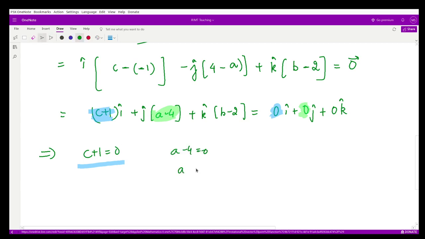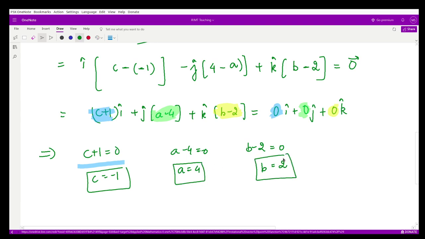So that means you obtain a is equal to 4, c is equal to minus 1. And for the third quantity, we have b minus 2 equal to 0, so b comes out to be equal to 2. So these are the values of the constants that were required.